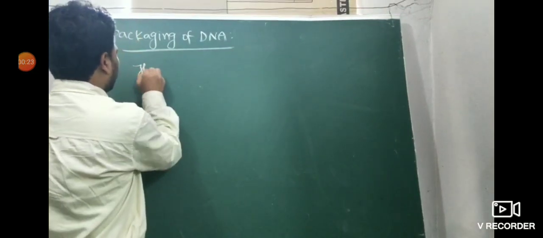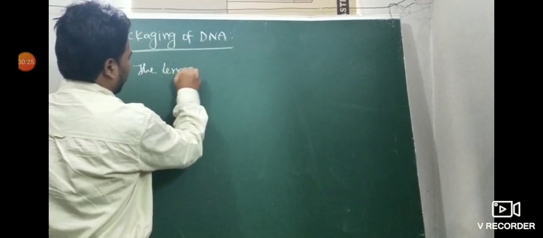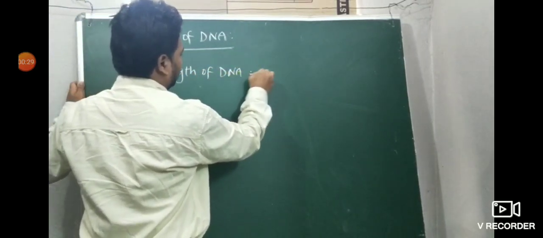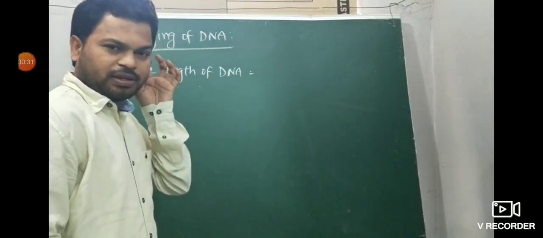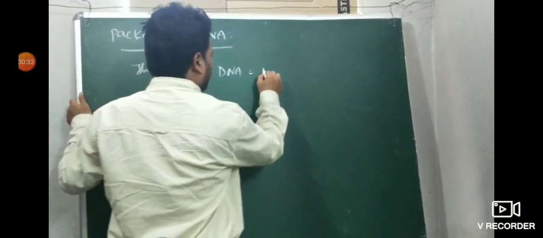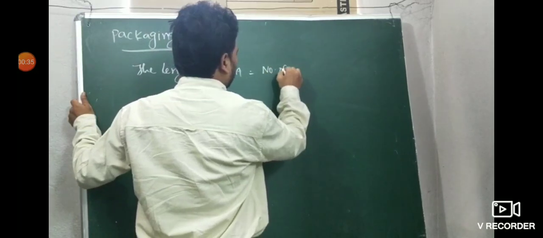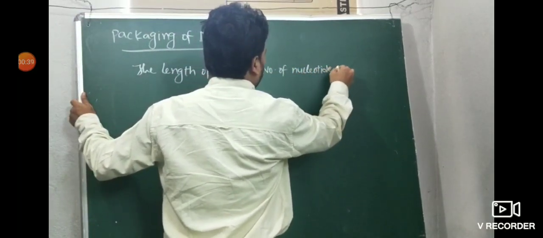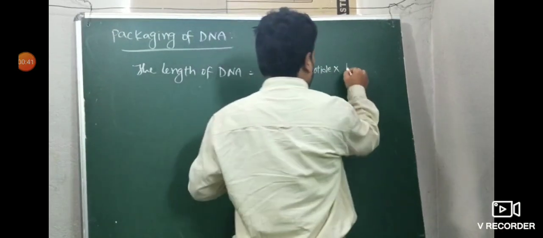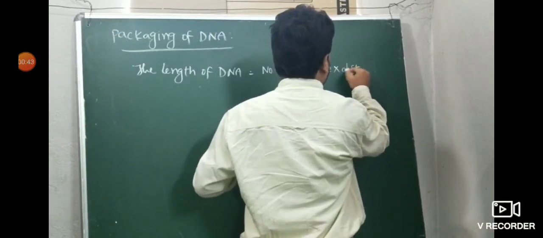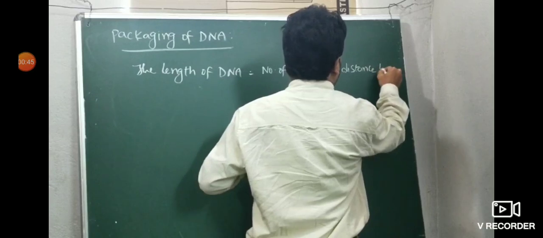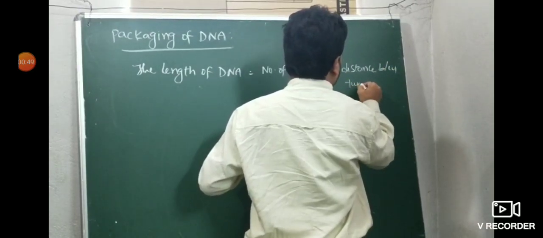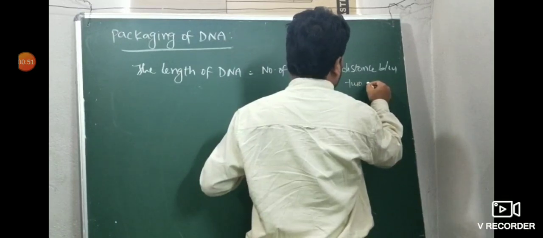The length of DNA is calculated as the number of nucleotides present in it times the distance between two successive base pairs, or base steps.